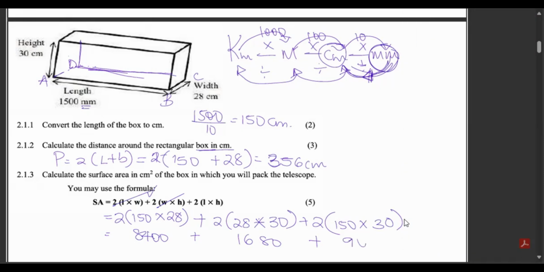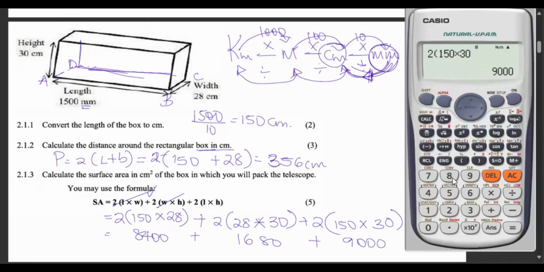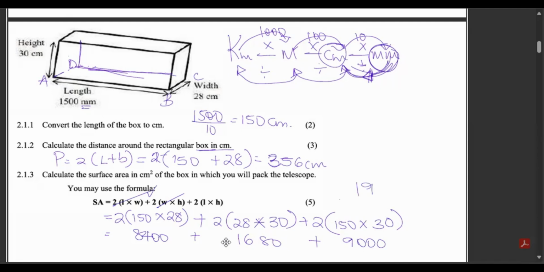We have 9,000. So finally, we are going to add them up. 8,400 plus 1,680 plus 9,000. So it's 19,080. 19,080. Don't forget the units. That is it. Surface area of the box.